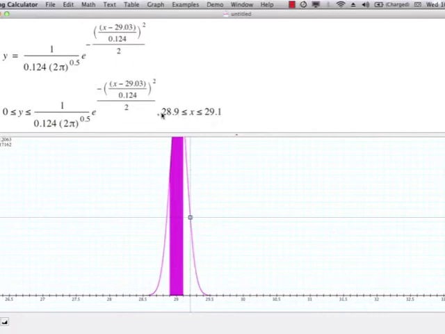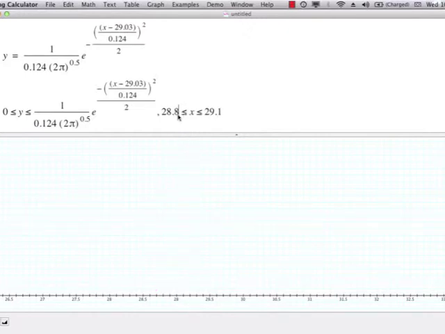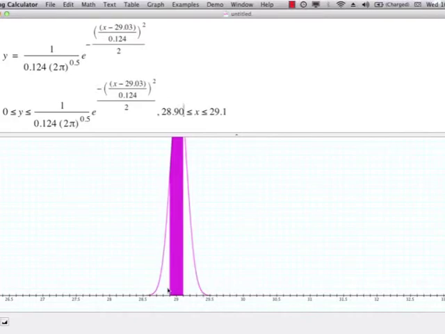Let's assume my scale is going to round, so I'm going to get 28.90 grams or 29.10 grams. And that's about how many I would expect.